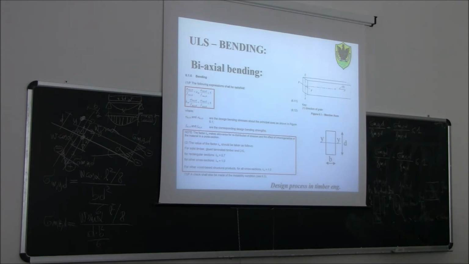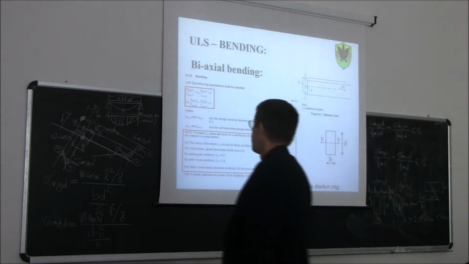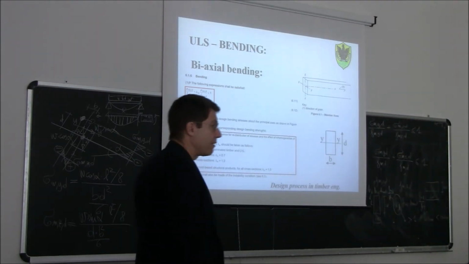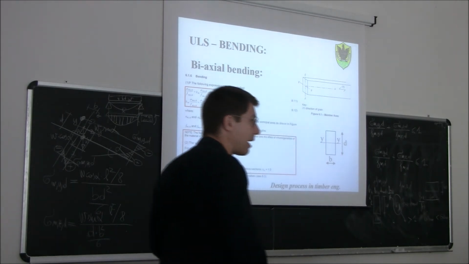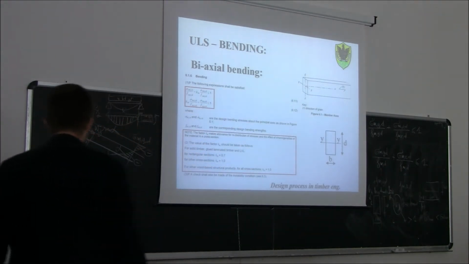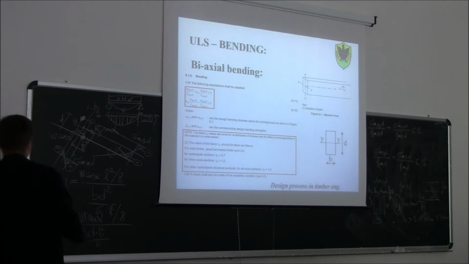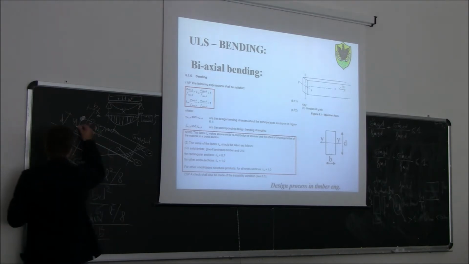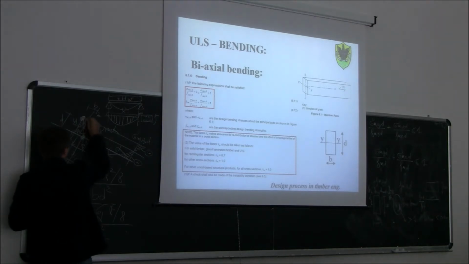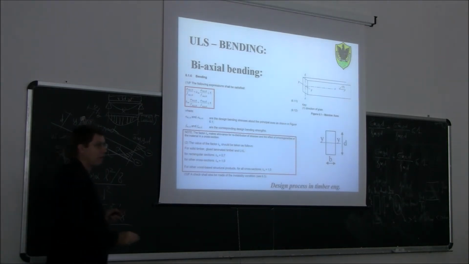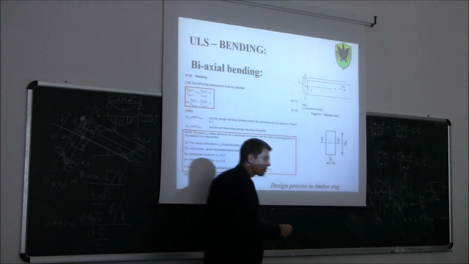This is true if you have uniaxial bending. If you have, however, biaxial bending, then this compression becomes no longer so negligible. So you would find here that there is a significant region around this point of maximum compression where the wood is going to plasticize.